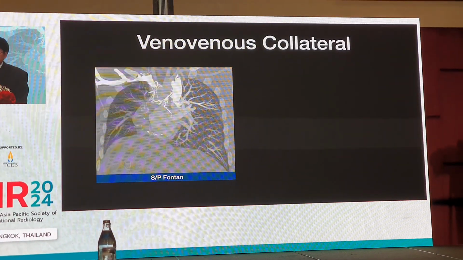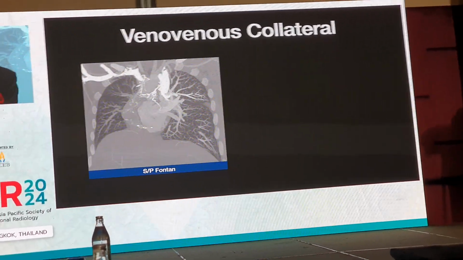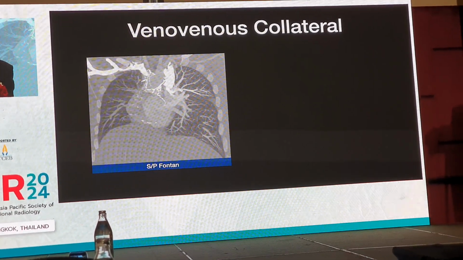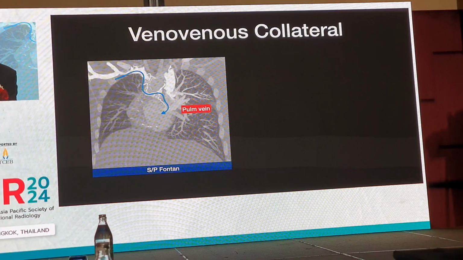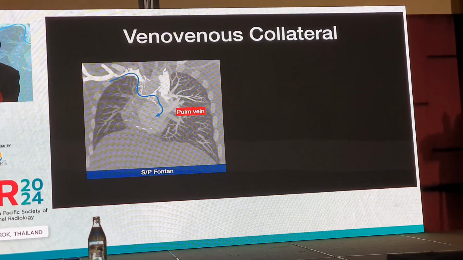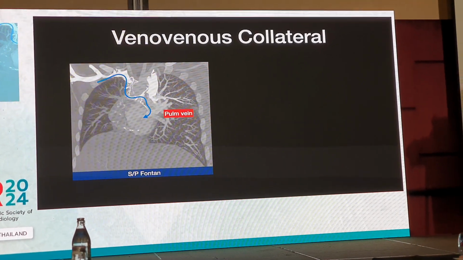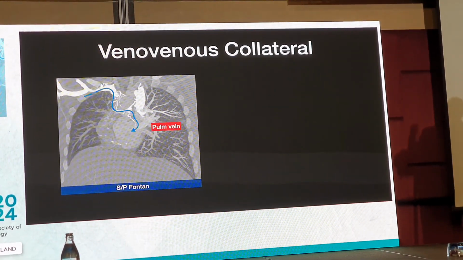When you perform lymphatic intervention in a post-Fontan patient, the one thing you have to be aware of is the veno-venous collateral. What is the veno-venous collateral? It's a collateral connection between the systemic vein directly into the pulmonary vein. It means that one drop of lipiodol will go into the pulmonary vein and cause stroke.